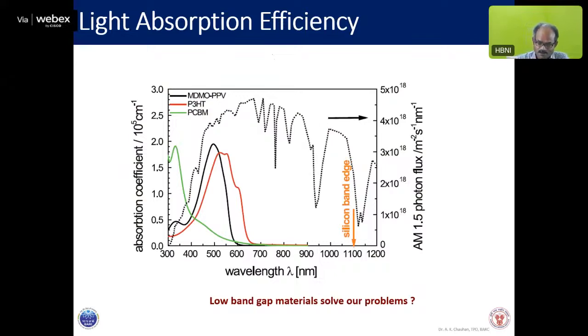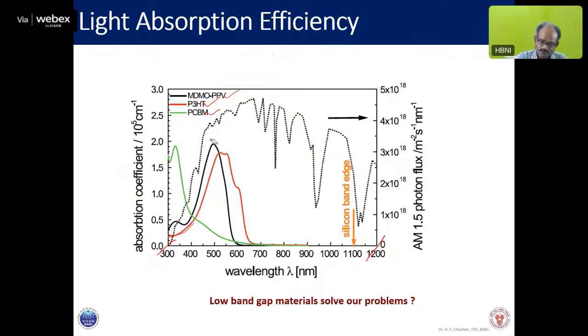This is an example of typical organic polymers or molecules. This is our solar spectrum, which we saw, the part of the solar spectrum between 300 to 1200 nm range. And you have the typical molecules which are used: P3HT is one polymer, PCBM is one molecule, and this is another polymer. If we see P3HT, the absorption is this much only, so this entire portion is not at all absorbed.